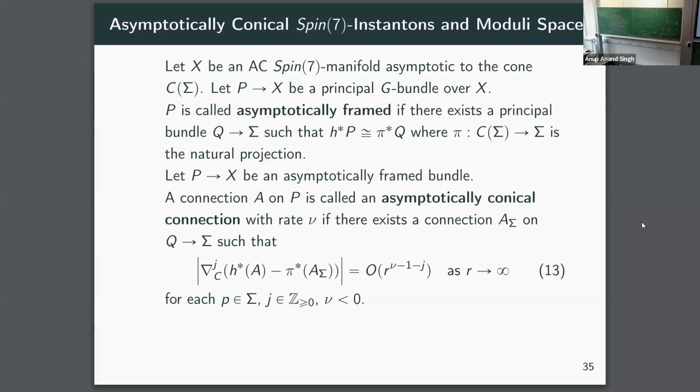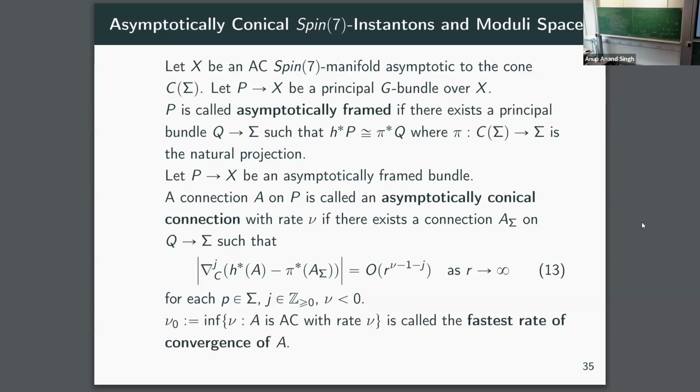Remember, h was precisely that diffeomorphism, and pi is the projection from the cone to the link. I'll call a connection on my bundle P over my 8-manifold an asymptotically conical connection with rate nu, not the same rate, mind you, if again you have a very similar asymptotic condition. Then you consider all the rates and take the infimum, and call it the fastest rate of convergence for the connection.